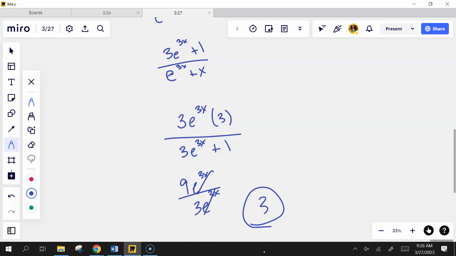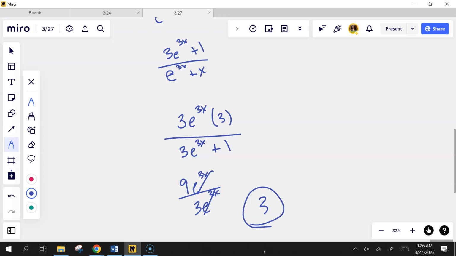If you plug in, you'd essentially have infinity plus 1, which is still infinity, over infinity plus infinity, which is still infinity.